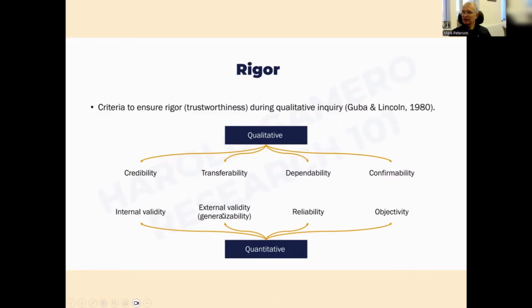External validity: can the truthfulness of this be extended to different contexts? How consistent is the measurement over repeated trials or samples, and is it unbiased? In qualitative research, you have credibility, transferability, dependability, and confirmability.